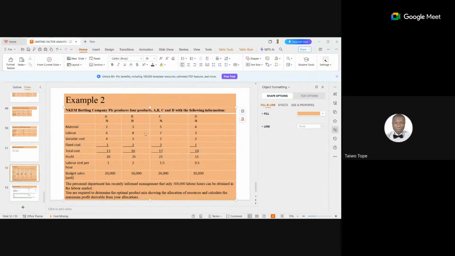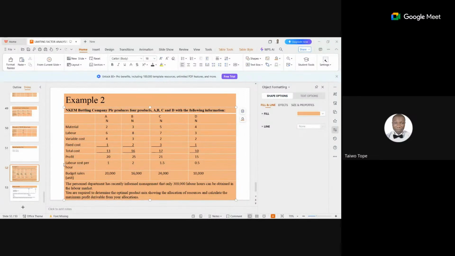Yes, so to quickly solve this question, you can decide to determine the shortfall that is required. Now, looking at this question, material is given in naira, labor is given in naira, variable costs in naira, fixed cost in naira, total cost, profit, labor cost per hour.